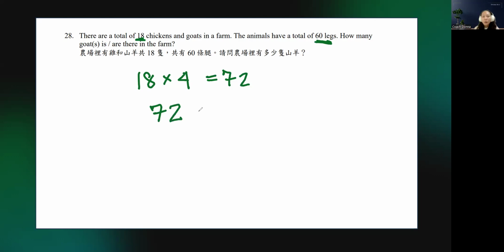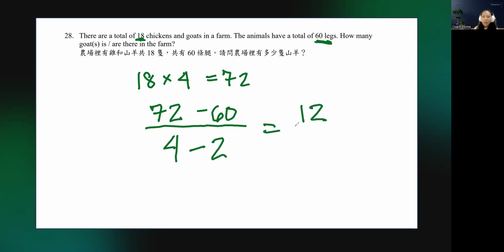However, you only have 60 legs, right? So the 72 minus 60 legs and divide that by the difference of legs. A goat has 4 legs, a chicken has 2 legs. 72 minus 60, that's 12. Divided by 4 minus 2, the difference between their legs, that's 2. So this is the excess legs, right?